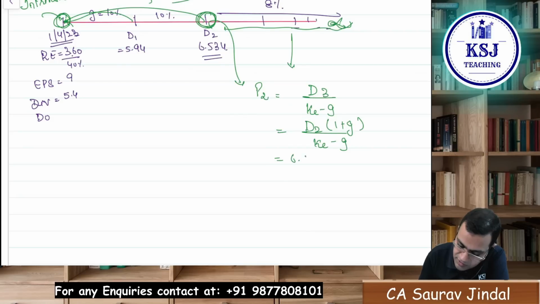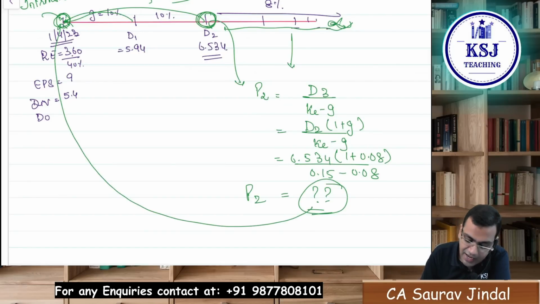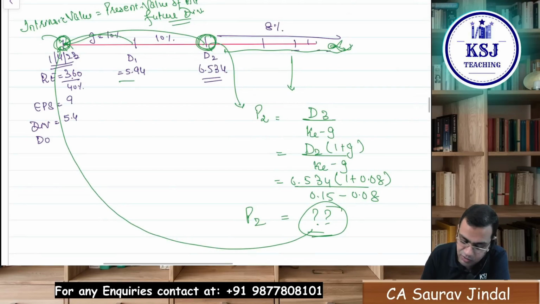D2 I have 6.534, into 1 plus growth rate, which is now 0.08. KE is given as 0.15 minus 0.08. Find out the value of P2 from here. Whatever the value of P2 that you get, find out the present value and add it to the intrinsic value.